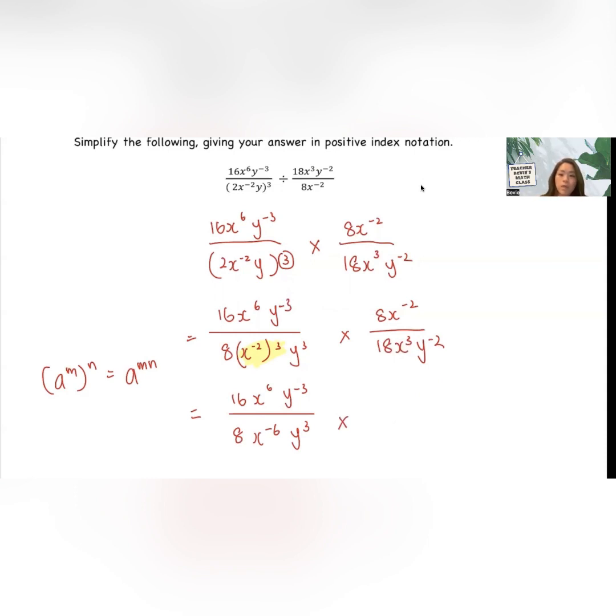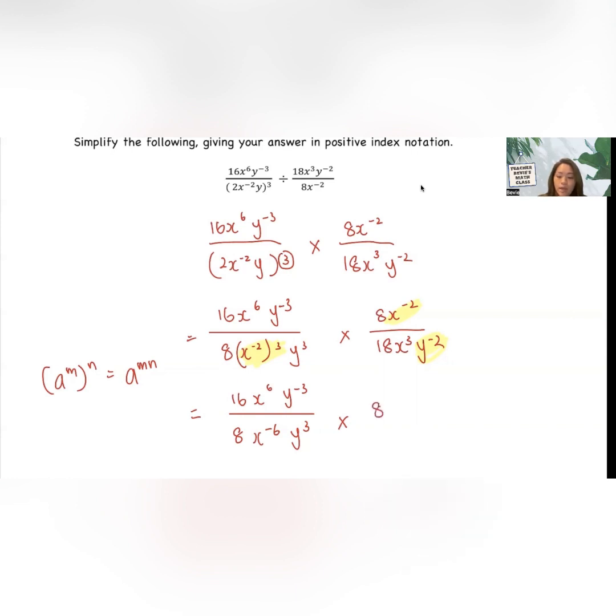How do we make it into a positive index notation? Take note, only this x to the power of minus 2 and y to the power of minus 2 have negative powers. So what do we have to do to change it to a positive power? Basically, we just have to shift the numerator to the denominator and the denominator up to the numerator. All right, just swap their position and the power will become positive.